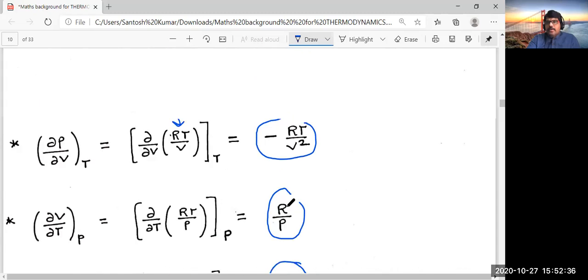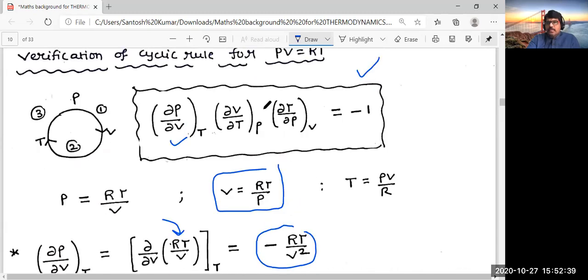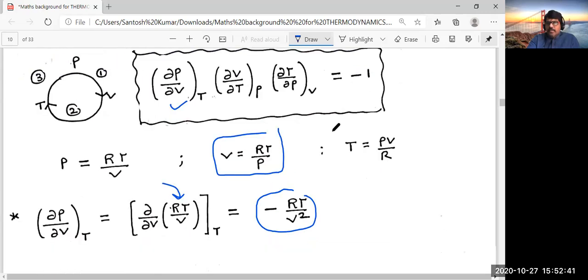So according to the cyclic rule, the result of this product is equal to minus 1. Now let us verify.